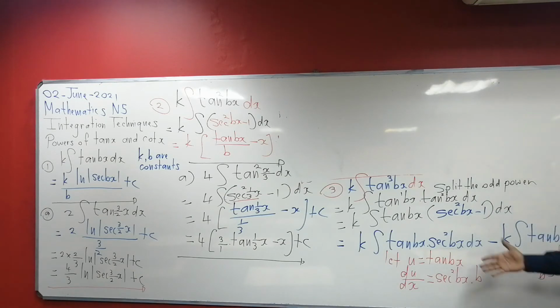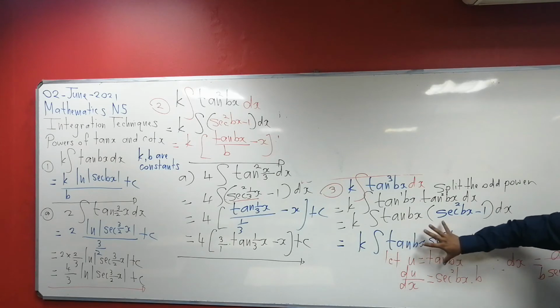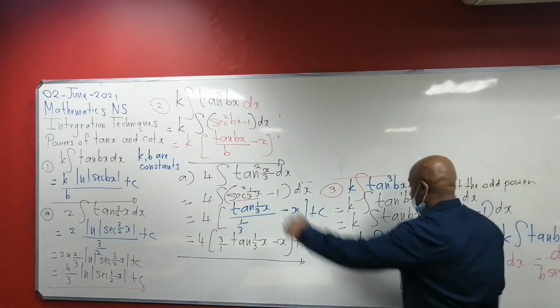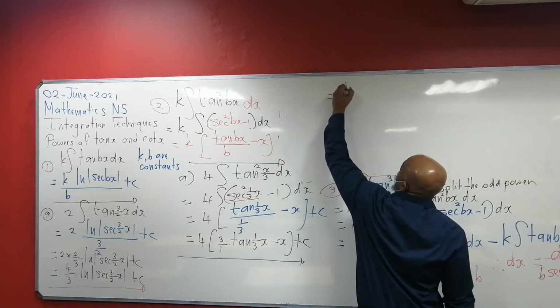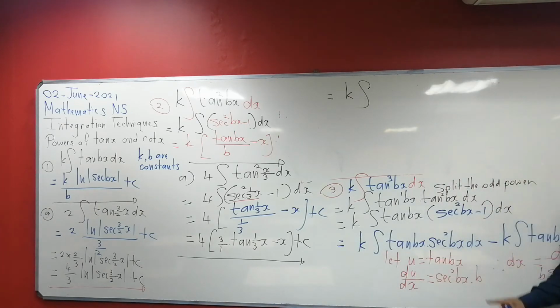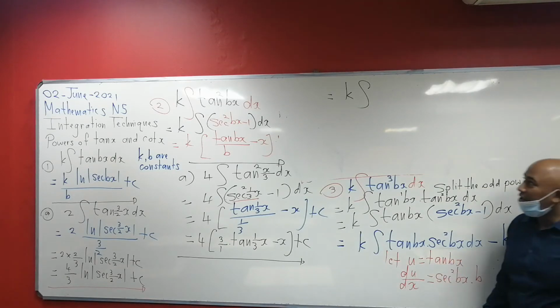Right, so I decided to use substitution. I showed you inspection there. This is the u substitution technique. When I say let u equal to tan bx, it only applies to this term 1. It does not apply here. This is a completely different problem. So here, let's go back up. We substitute, so that's my k, the integral of tan bx. But now, tan bx is no more tan bx. It's replaced with the letter u.